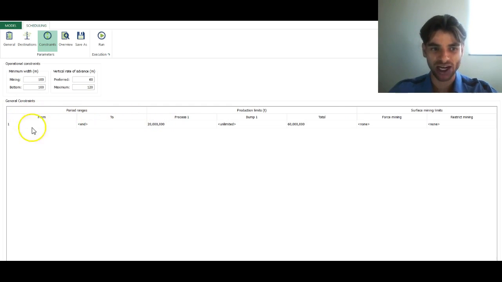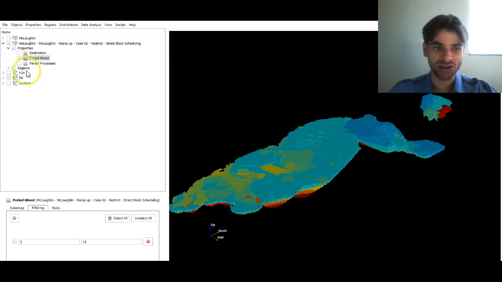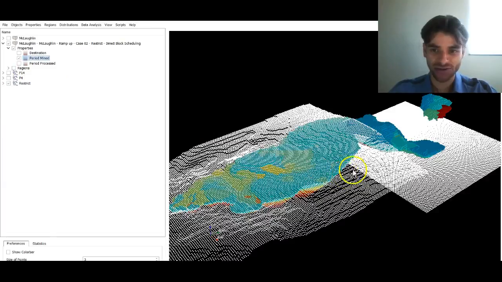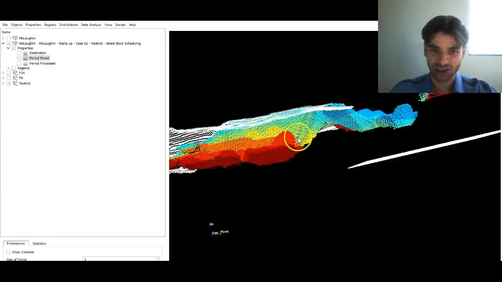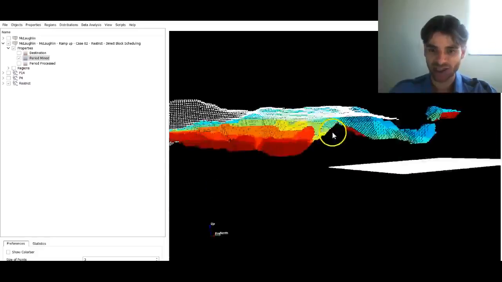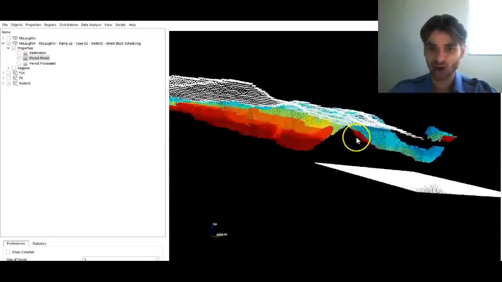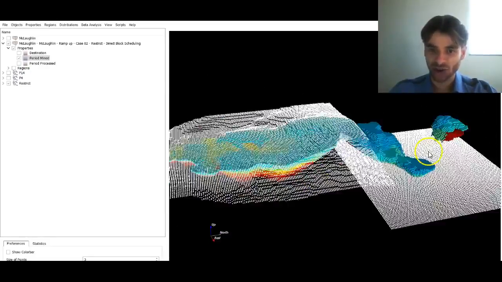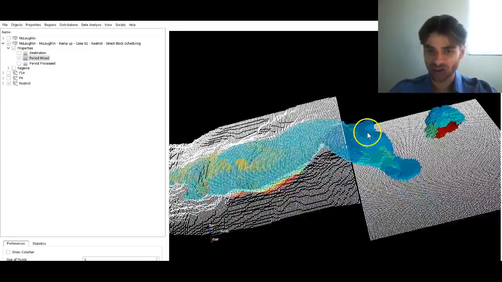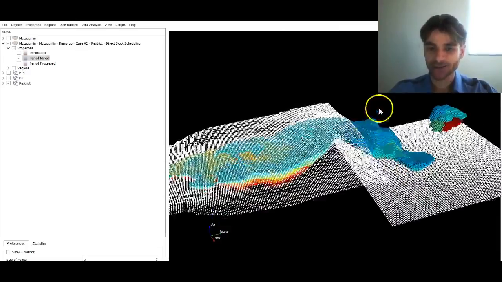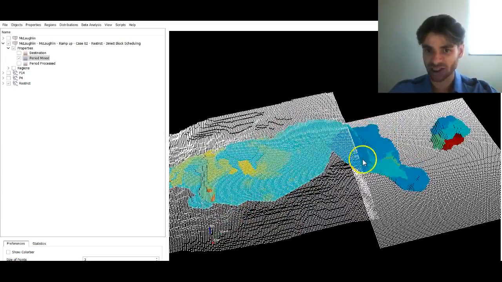We can have multiple ranges here, 1 to 5 and 6 to the end, and so on. I'll just show the result here. We used this surface to constrain the optimization, and we said I don't want the mine to go below this surface until period 4. So this is what happened.